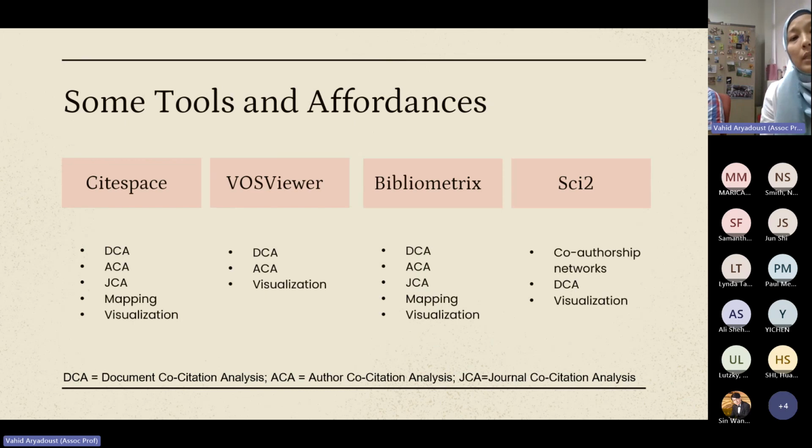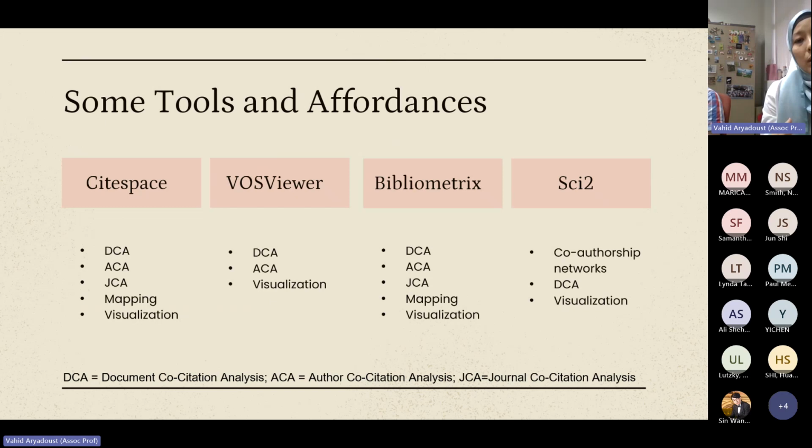Here are some tools that can be used. We have used mostly CiteSpace, but as we can see here, there are a couple of other options and each has its own affordances. CiteSpace and bibliometrix can be used to do document co-citation analysis, author co-citation analysis, and journal co-citation analysis, as well as to map out networks within the field.